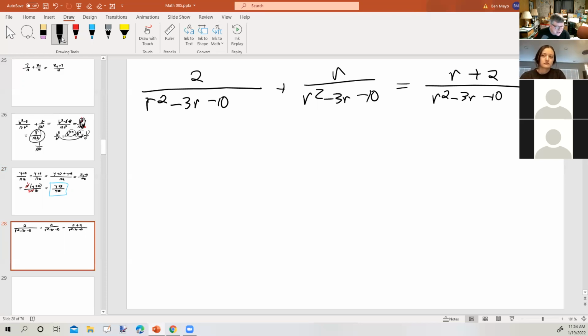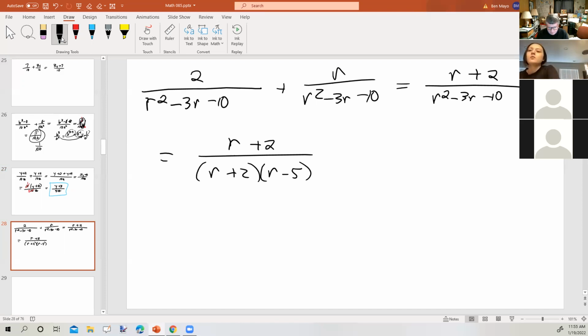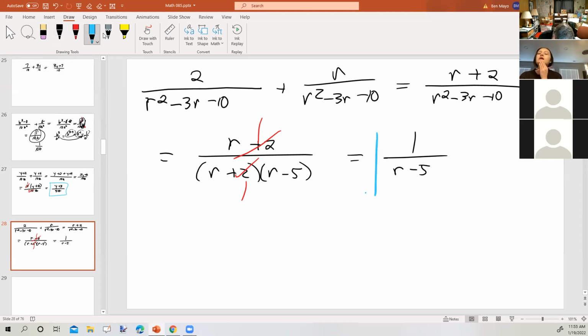I could have, but I just like to put things in standard form, descending powers. But we're not done, because I can factor the denominator into r plus 2 times r minus 5. Product is negative 10, sum is negative 3. Okay, so now these reduce down to 1 over 1. Final answer, 1 over r minus 5.